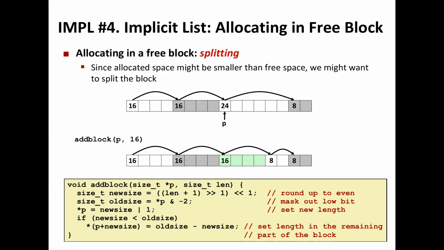And then you check, okay, new size is less than old size. Is it less? If it's not less, then we are done. But if it's less, then we're gonna mark the remaining region as free block.